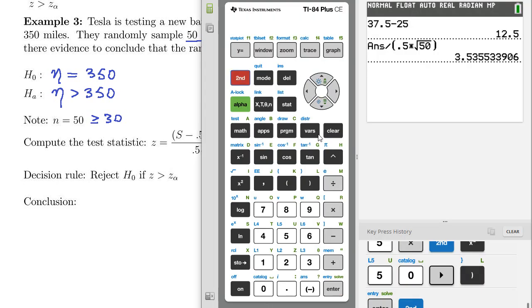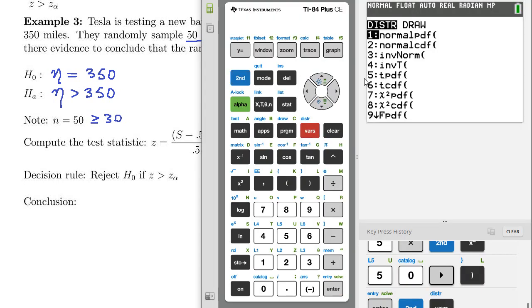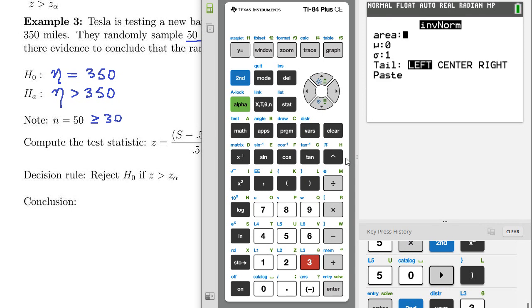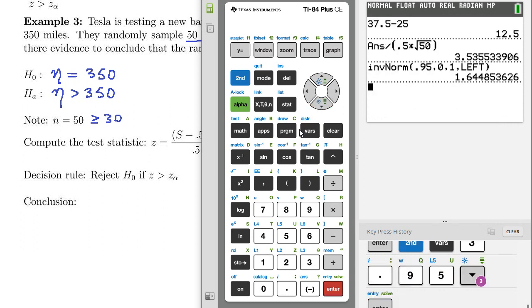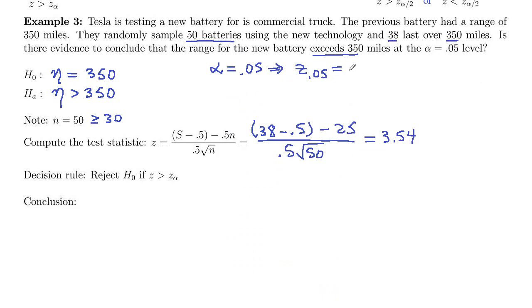So if we did second variables and do inverse norm, our left area is 0.95, and that's 1.645 for an upper tail test.